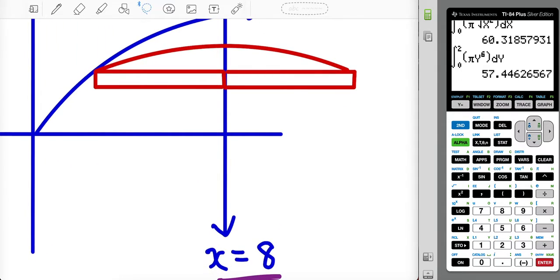All right, so what I need is the length of the radius. So that radius is the length of one of these rectangles, but I can't just call it X or Y, because it's not attached to the X-axis or the Y-axis. But what I can do is draw a line segment connecting the Y-axis to the axis of revolution, because we know that that's equivalent to 8 units.